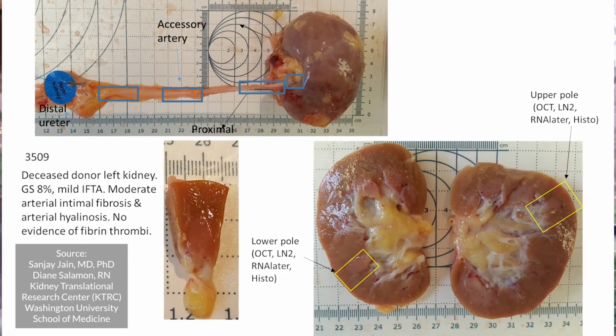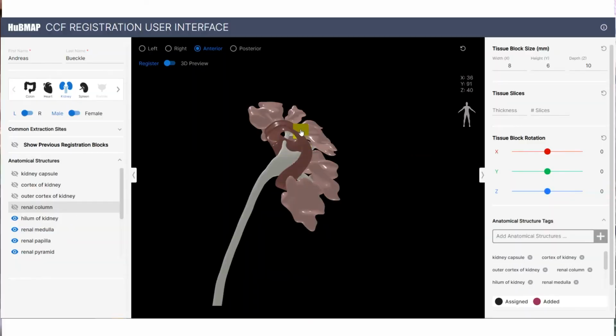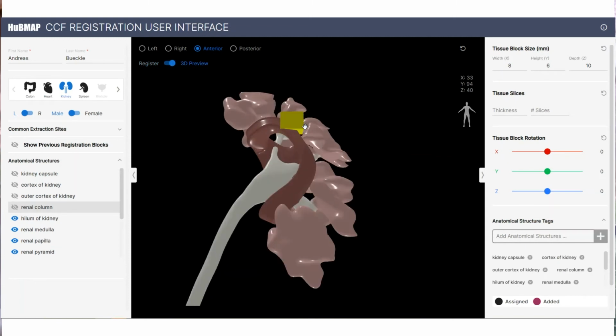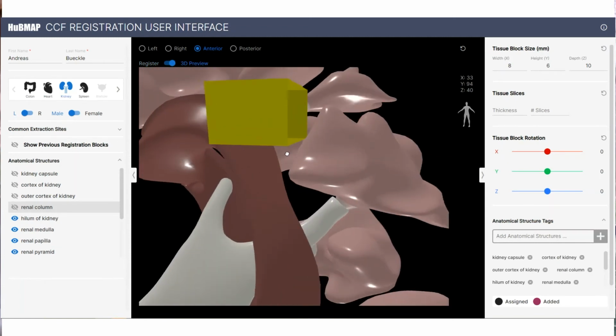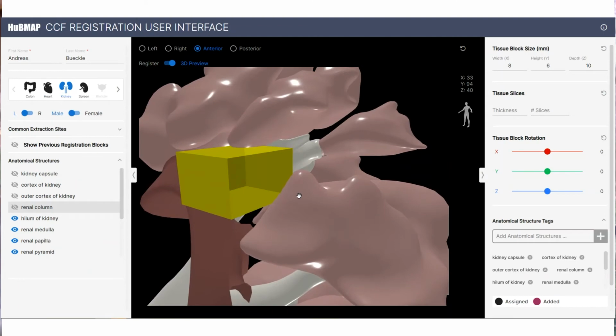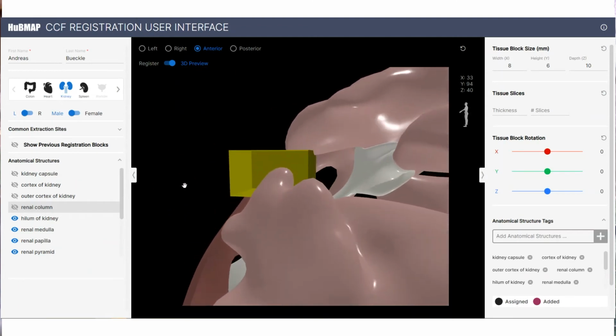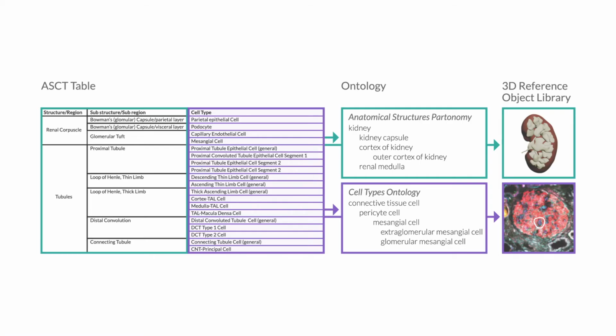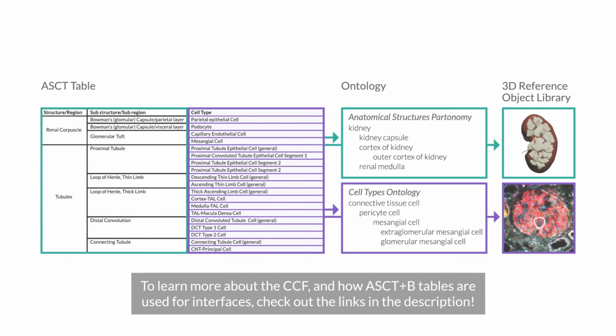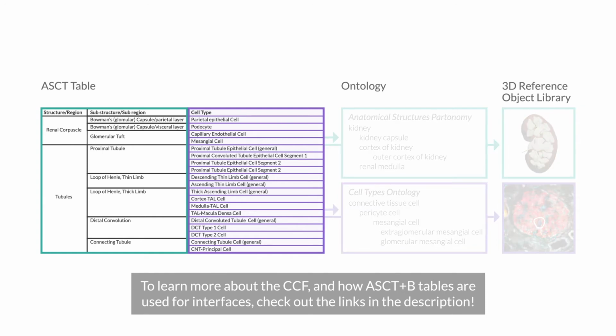These anatomical coordinate systems, or what are sometimes called common coordinate frameworks, serve as atlases for the human body and allow us to pinpoint the location of, for example, where tissue samples are taken, where in vivo biomarker measurements were observed, and so on. ASCT plus B tables are used to design HubMap's Common Coordinate Framework, or CCF.